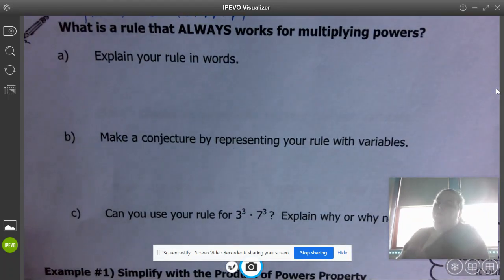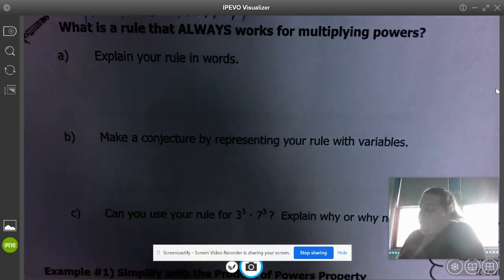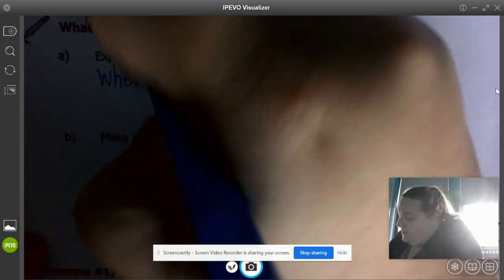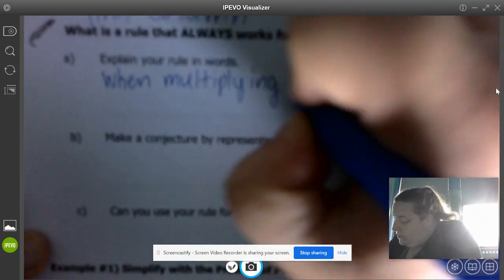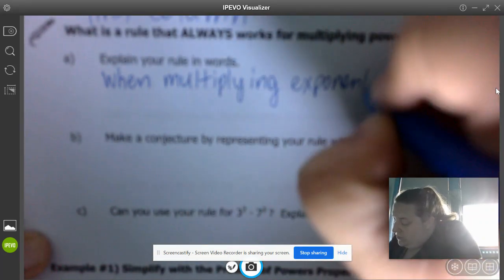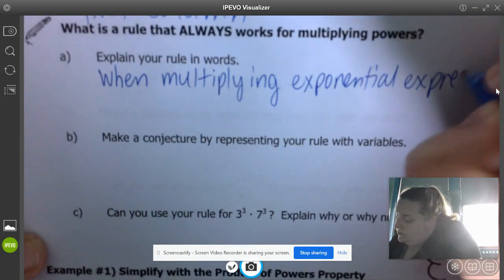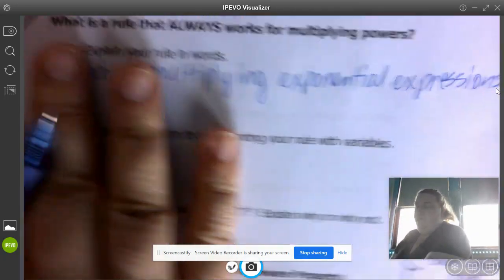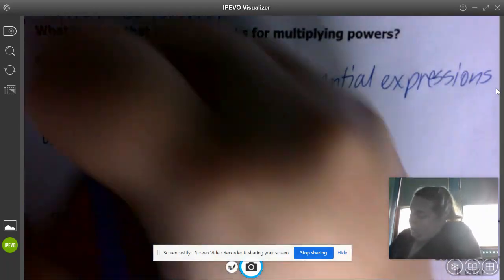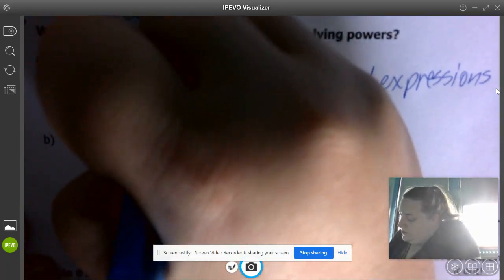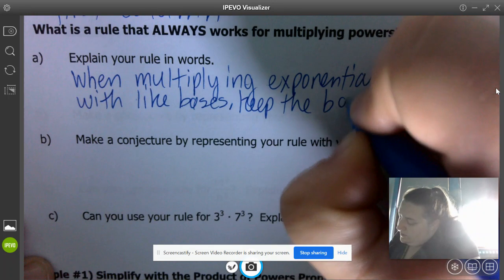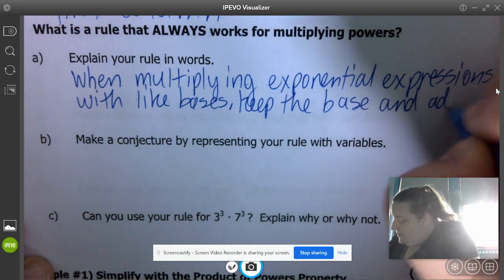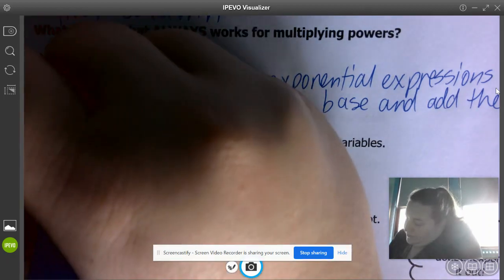So what is the rule that will always work? The pattern we saw in each of those expressions and that we can apply to any problem that looks similar is that when multiplying exponential expressions with like bases, meaning they have the same base, keep the base and add the exponents.